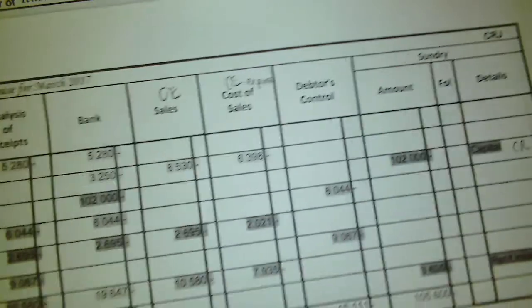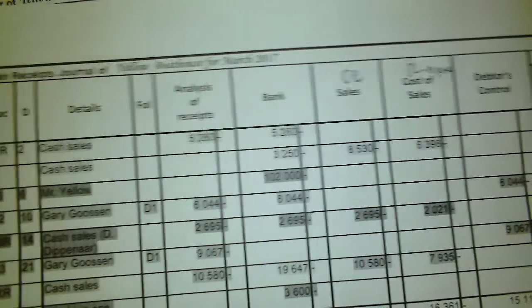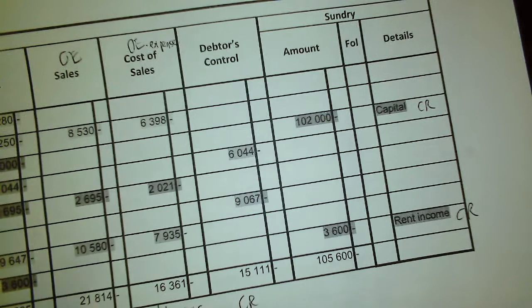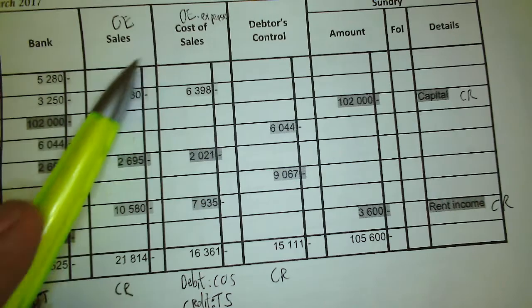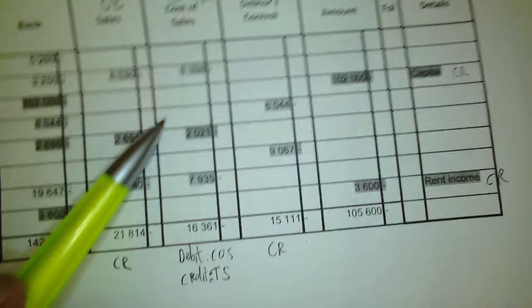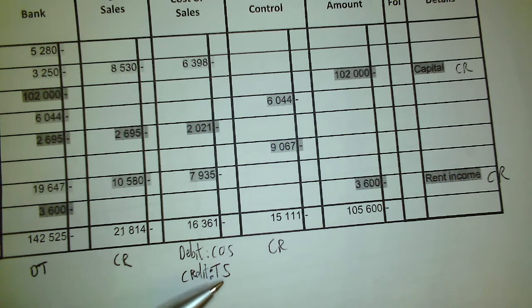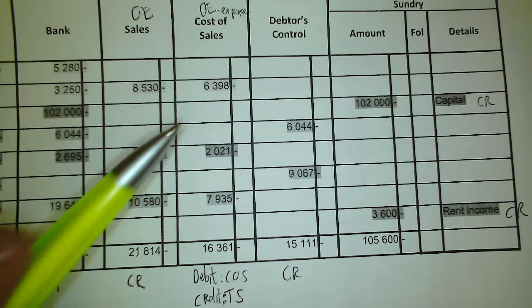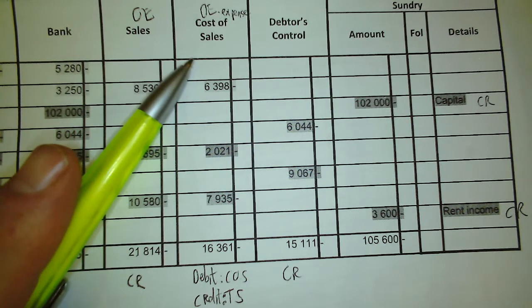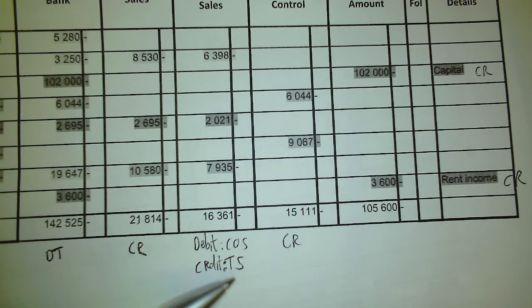Okay, so there in the cash receipts journal, there's a cost of sales account, and what goes together with cost of sales? Okay, trading stock or trading inventory. So if cost of sales as an expense gets debited, trading inventory gets credited, or trading stock gets credited.